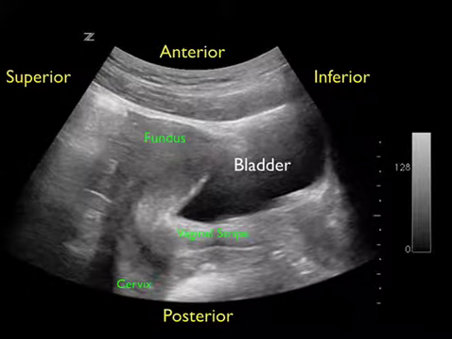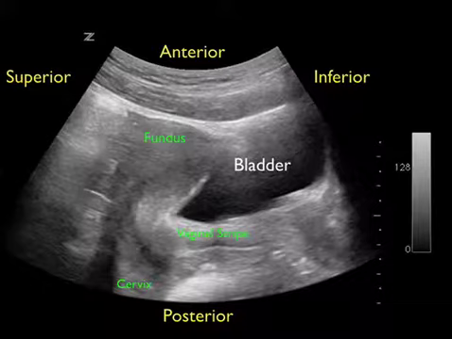To get a better idea of what we will see in a sagittal view of the uterus, from superior to inferior, we will first find the fundus of the uterus flexing over the anechoic bladder.